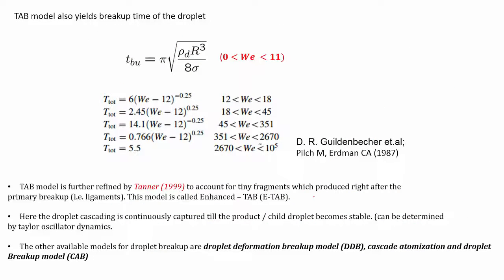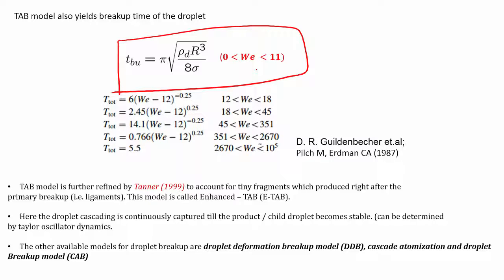Okay. So, the TAB model also yields what we call the breakup time. We will not go into the math of that. The breakup time is right over there in front of you. As we said, it is valid for that Weber number range.